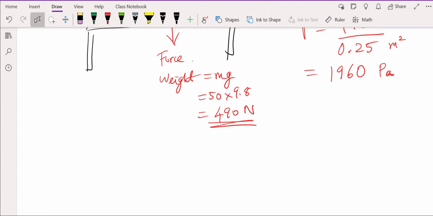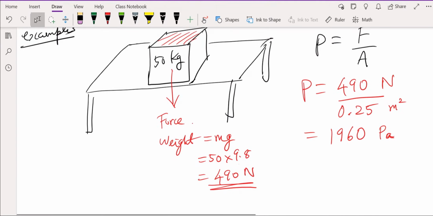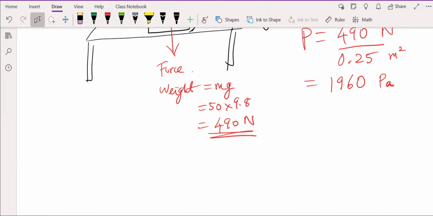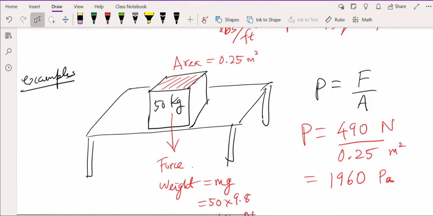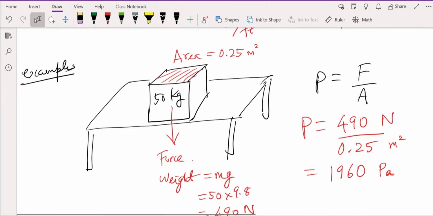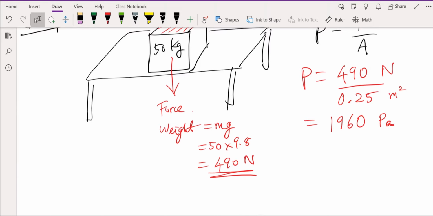Otherwise, if the feet is resting on his ribs, that's finished. So understand the concept of pressure itself. This is how you find pressure created by a solid.